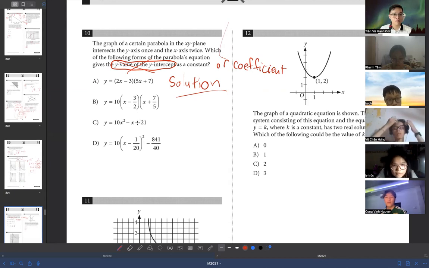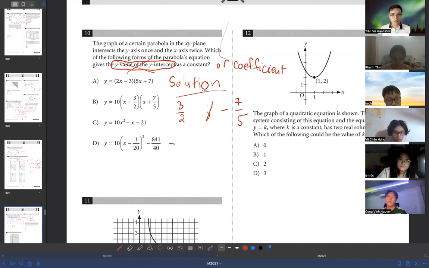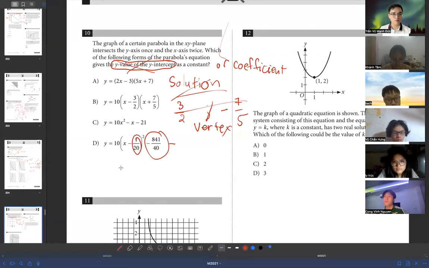Yes, they are 3/3 and -7/5. Exactly. So this is essentially asking us to specify a factored form. When I cross this out and I say the vertex, what would you choose? D. Right, because you can see the vertex here.